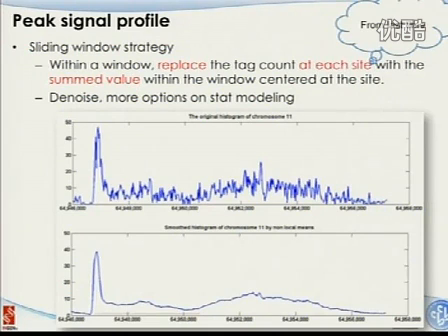But once you use a sliding window strategy, your data will be much smoother. This is the way to denoise. Also, if you take this approach, you have more statistical tools that you can use. For example, for that particular window size, the number of reads falling into that region, you can assume a Poisson distribution or negative binomial distribution.